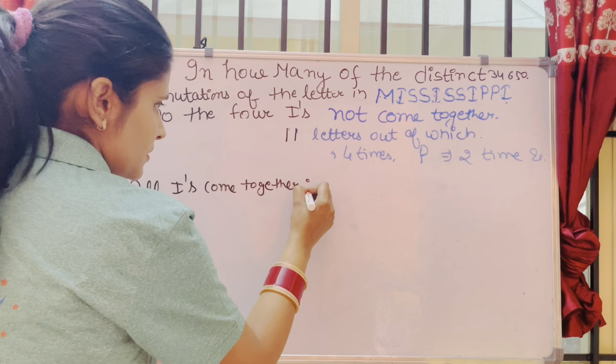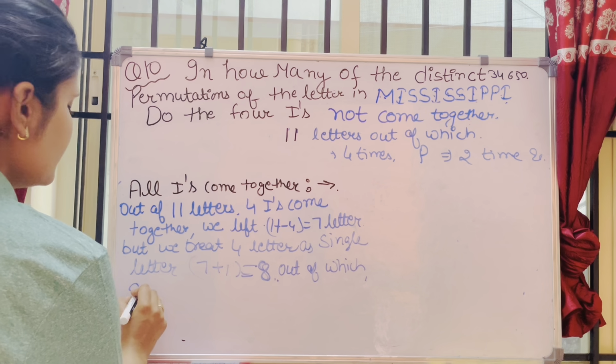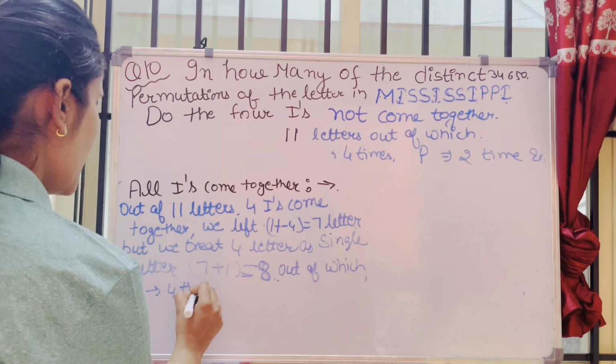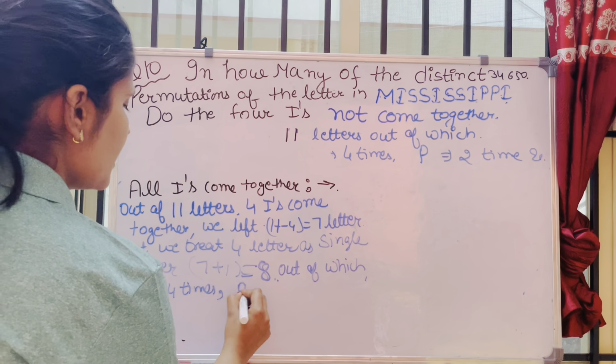Out of which, we will ignore the I. 4 I's come together, right? So out of which S comes 4 times and P comes 2 times, right? So all I's come together. So for example, we have 11 letters.